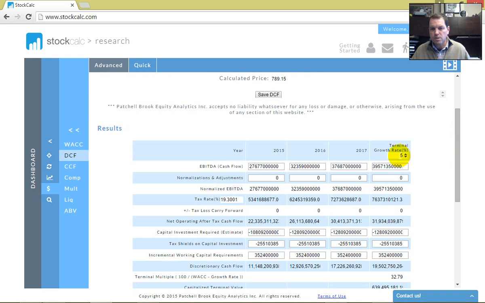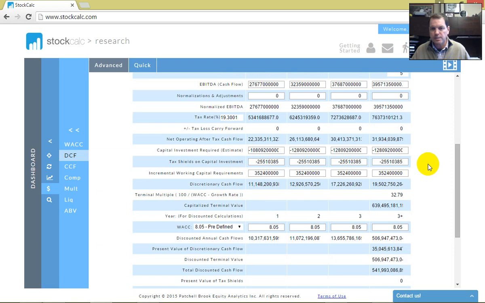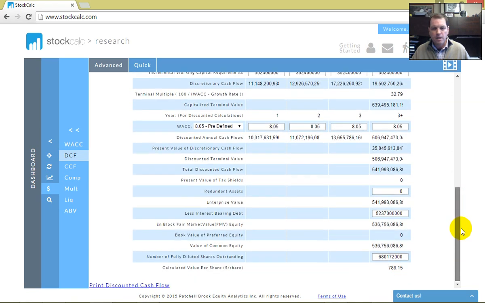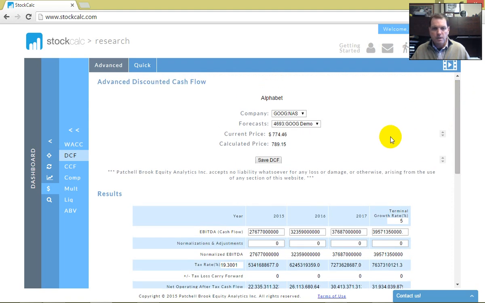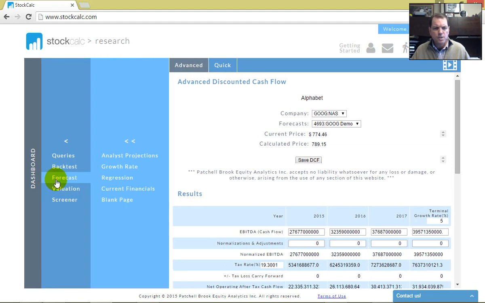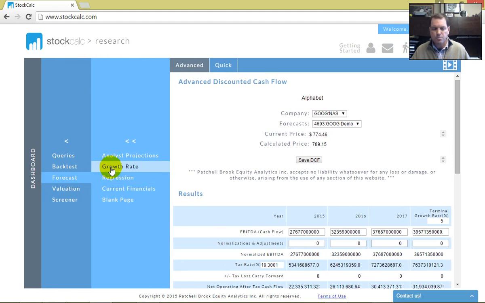One, we can start to understand what the expected growth rates, cost of capitals, tax rates, etc. are for the company and how they impact the valuation, and are you comfortable with that? And the second is for any companies that do not have any analyst coverage, and there are quite a few of them, you can use the tools that are here to generate your own weighted average cost of capital, generate your own forecast, for example using growth rates, what you expect the company to grow at, and then do the valuation calculations on the company.